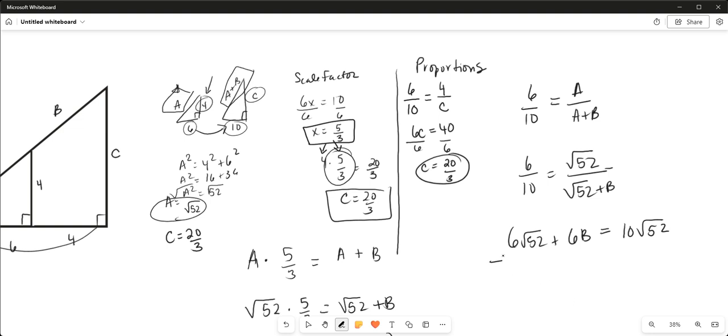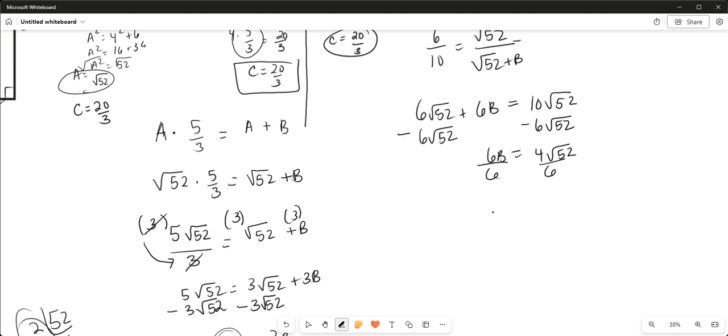Then we're going to combine like terms. So I'm going to subtract this so that all the like terms give 4 square roots of 52. Then I'm going to divide. So if I can reduce that, 2 goes into 4 two times, and 2 goes into 6 three times.